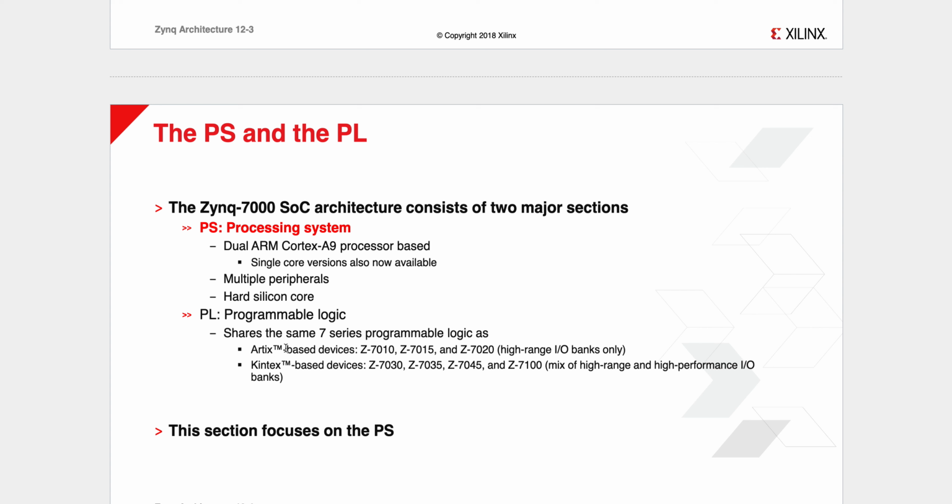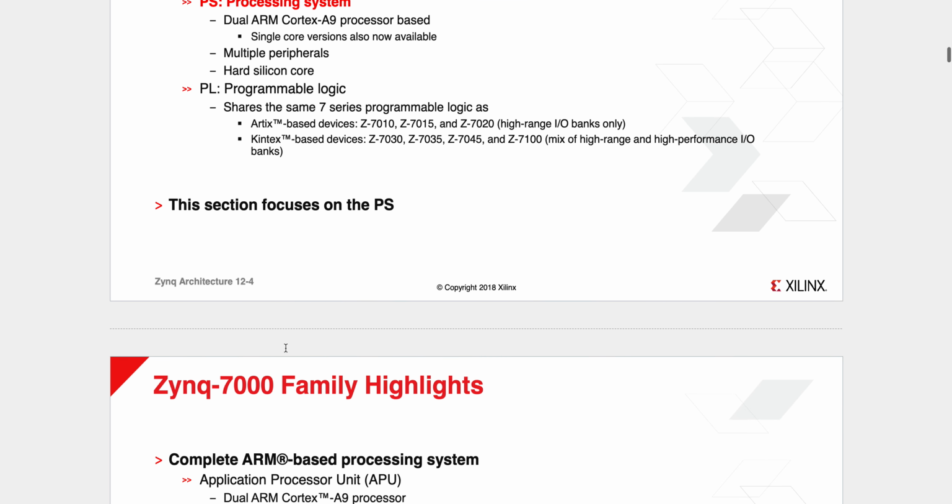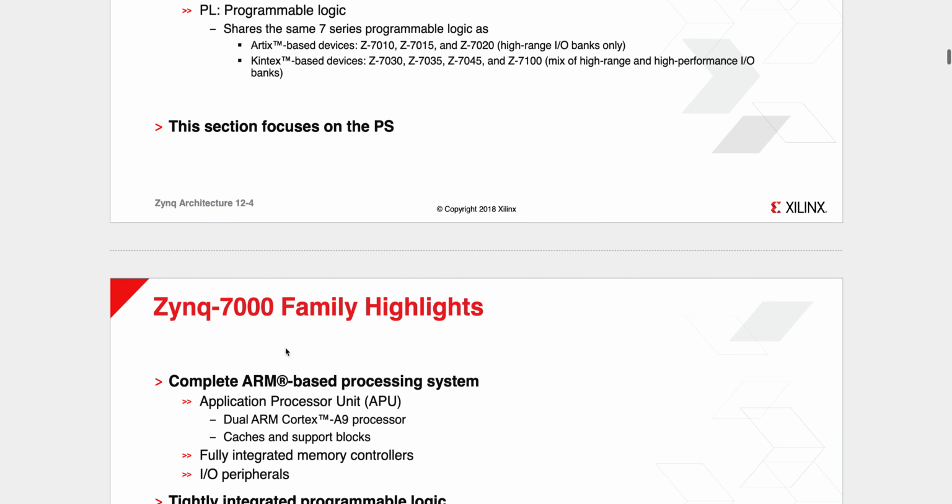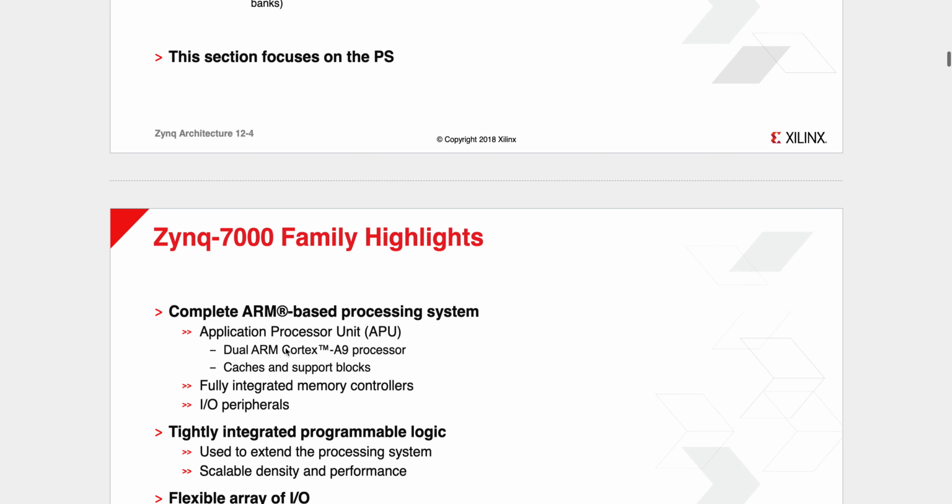The processing system with the ARM Cortex A9 and the programmable logic section is the FPGA, which shares the same 7 series programmable logic as Artix or Kintex. So we are now focusing on the processing system.